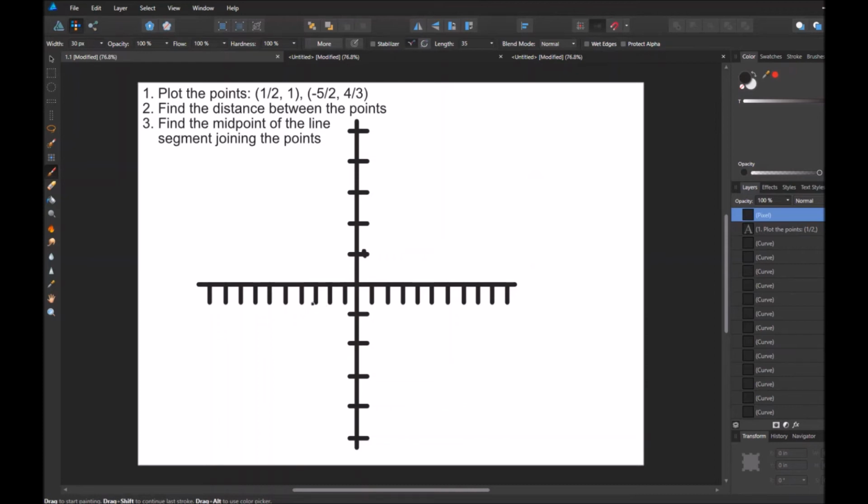This third peg would be -6 over 2, because that's -3. Well, we don't want -6 over 2, we want -5 over 2. So it would be in between this -6 over 2 and -4 over 2. So it would be -2.5 in other words. And then for the 4/3, since this peg is going up by 1, this is 3/3. And then this around here would be 4/3. So our point would be right about there.